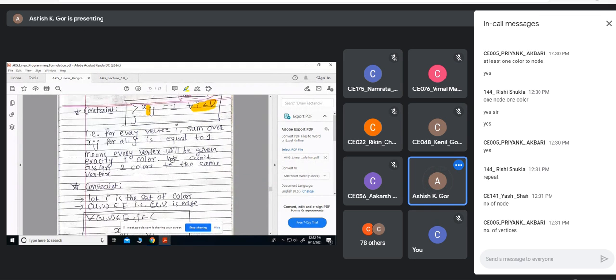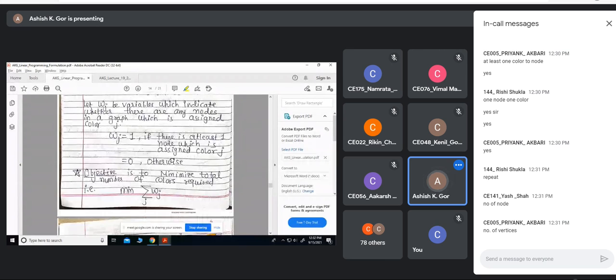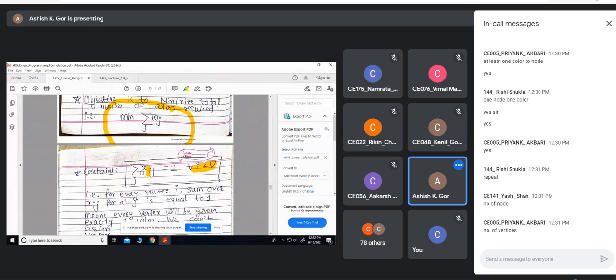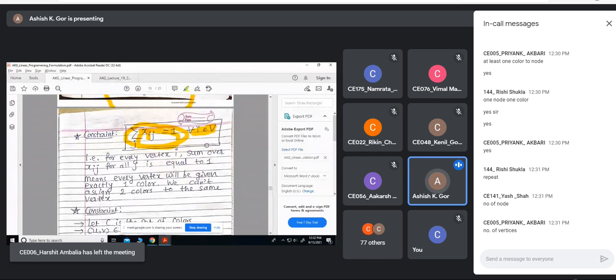So remember, the objective function is to minimize the number of colors, that means minimize sigma wj. One constraint is that only one color can be given to one node, and this should hold for every node.